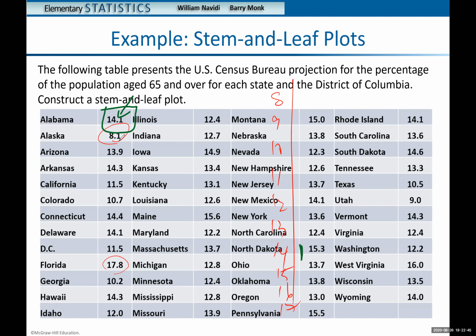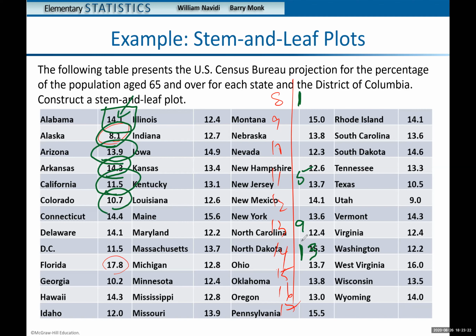Next, Alaska, 8.1. The leaf is 1, so look for 8 and write 1. Next, 13.9. Look for 13. The leaf is 9, so write 9. Next, 14.3, the leaf is 3, so write 3 here. That's why you have the numbers 1, 3 here. Next, 11.5, so look for 11 and write 5 here.